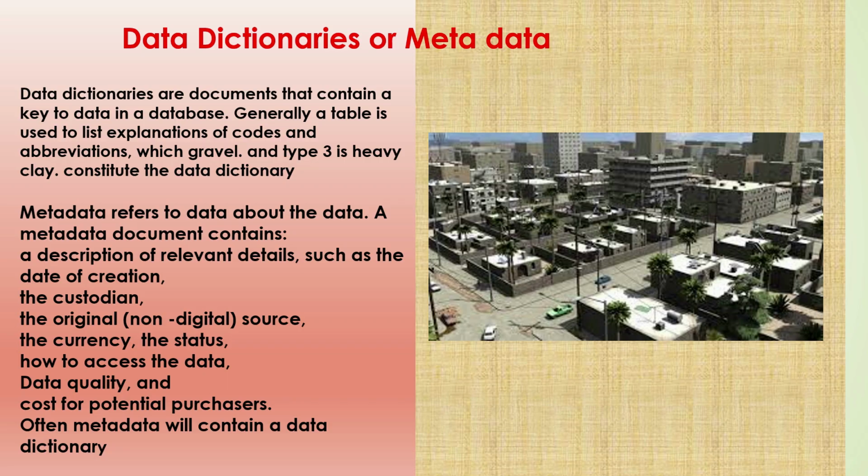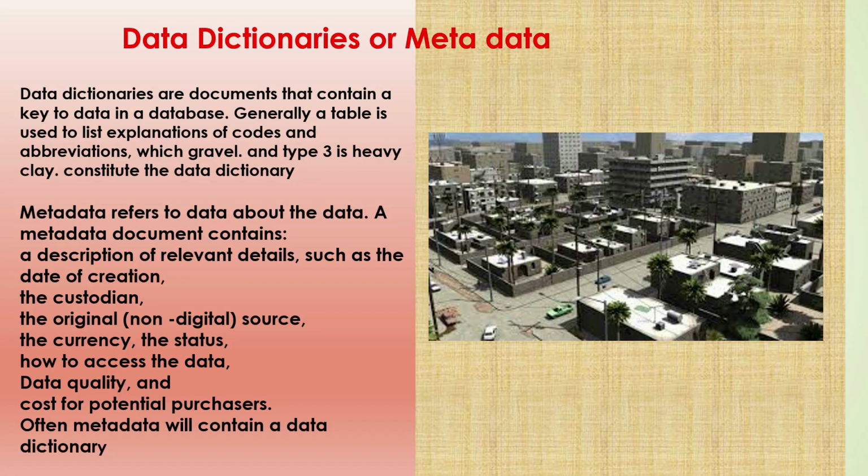It will show the date of data creation, and can provide relevant details about that data, such as the date of the creation, the owner of the data or the custodian of the data, the source, where you got the data, and how you captured the data. For instance, you produce a map from a satellite image of 2024, and you name the date of the data used.